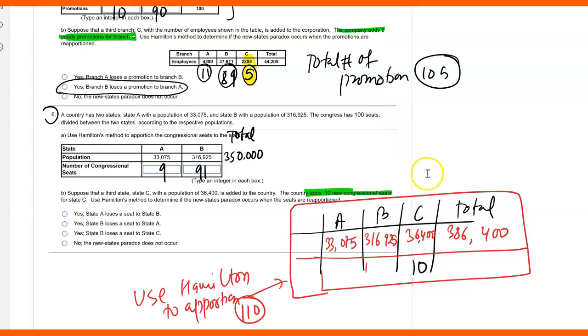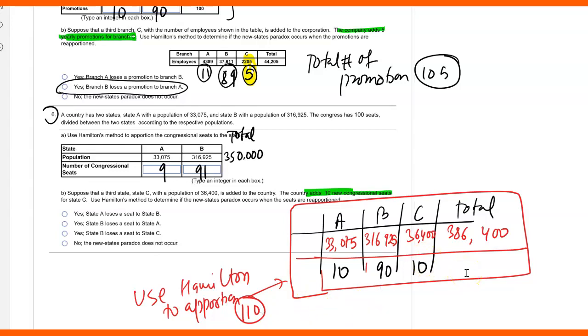And if you do the Hamilton using the standard divisor, again, how do you find the standard divisor? Total population divided by the number of items, 110, and you will find this. You find 10 for A, you find 90 for B, and obviously 10 for C.